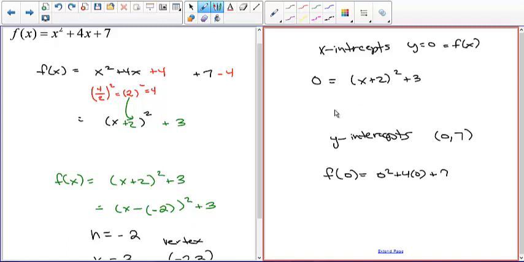And then we take the 3 to the other side. And then you take a square root, and you're going, I can't do that. Can't take the square root of a negative number. So because of that negative sign here, what we can say is no x-intercepts.